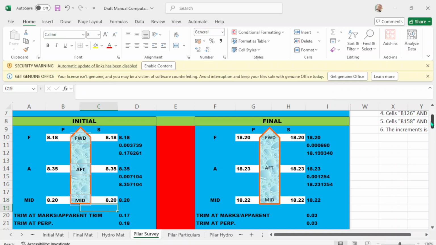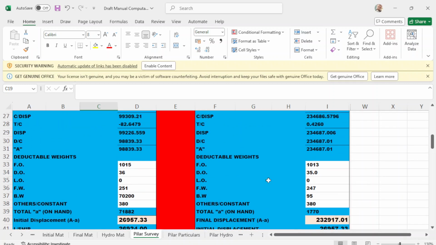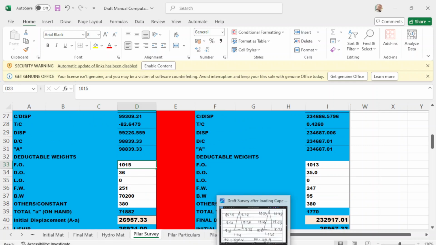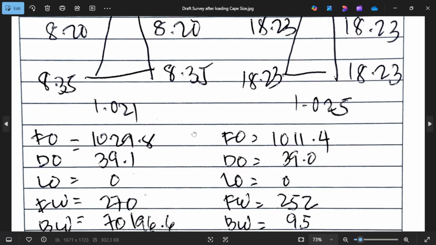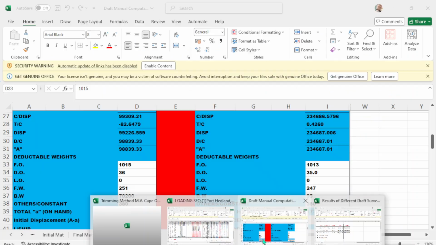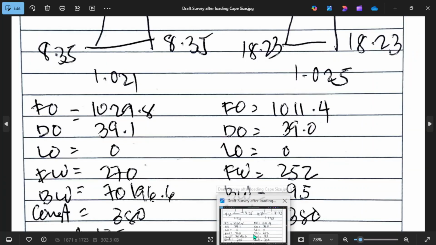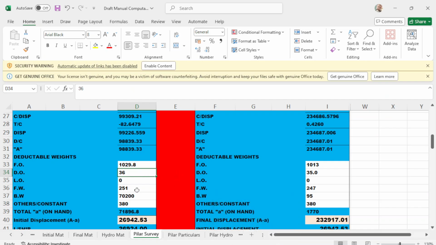And you have your quarter mean, 8.21, and your displacement. Then we will edit the fuel oil ROBs. We'll go up. 102.98. DO is 39.1.